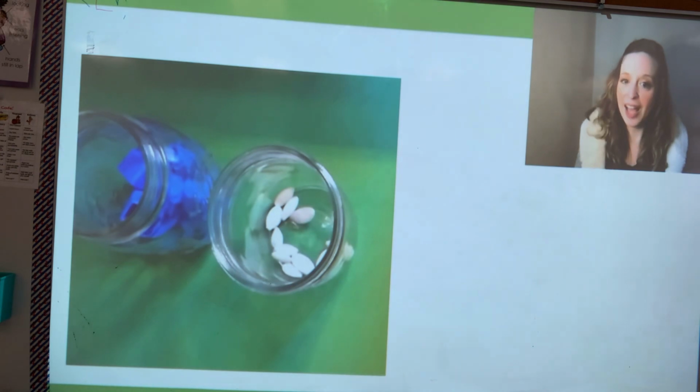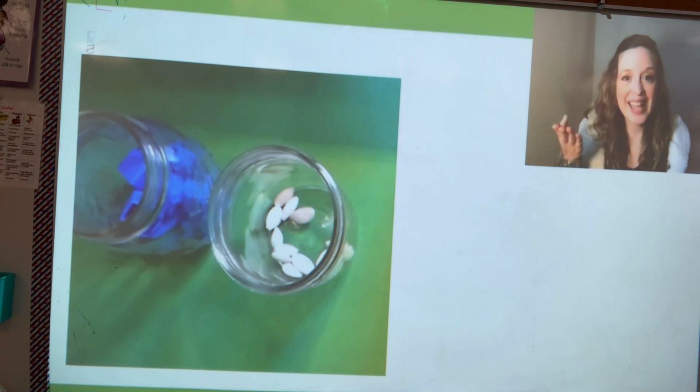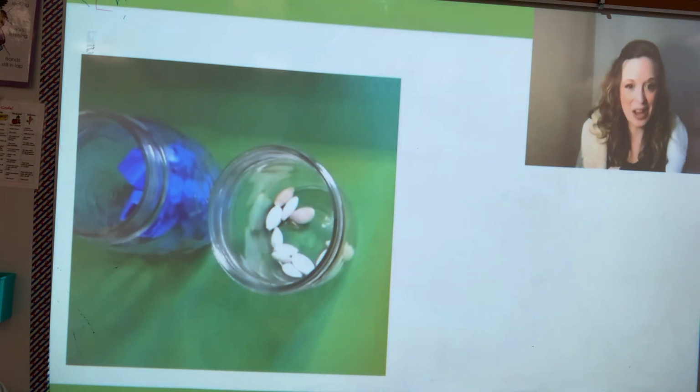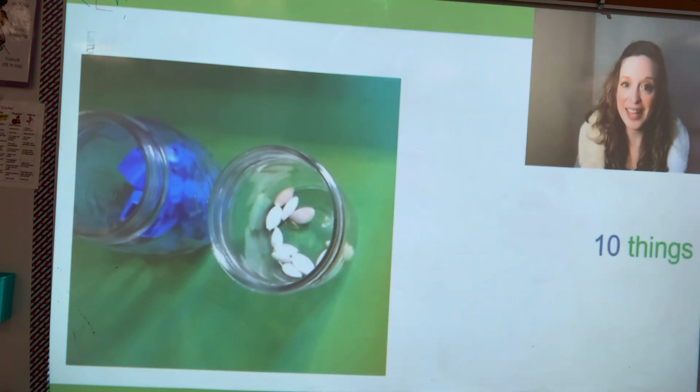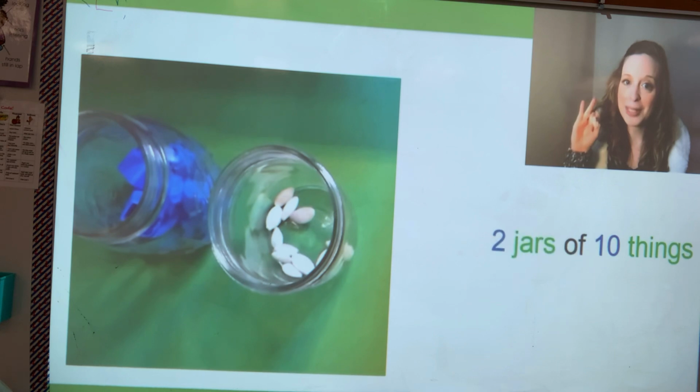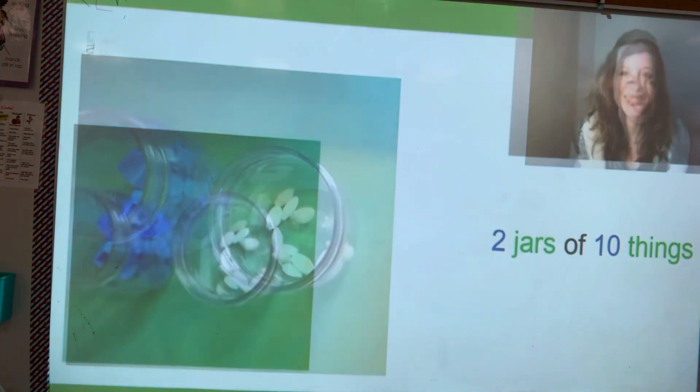How many times did we count 10 things when we were counting the things in the jars? Think. Say it. Yes, we counted 10 things 2 times. Also 2.